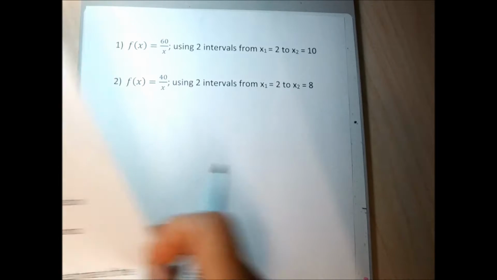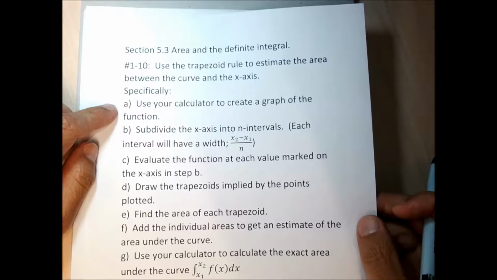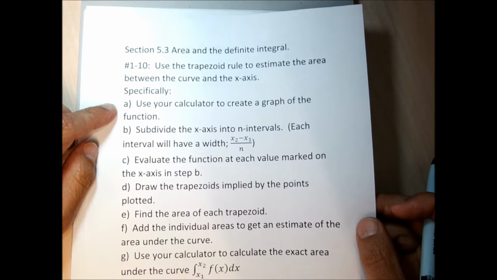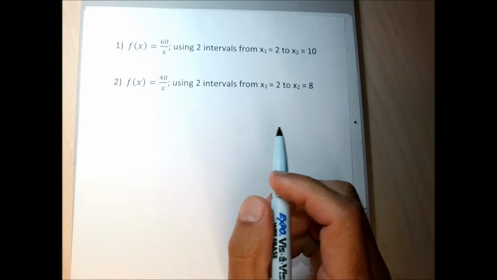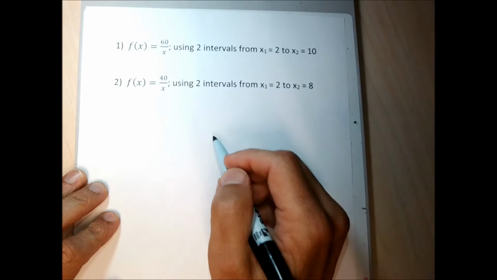Looking at my steps, step 1 is to use your calculator to create a graph of the function. So I need to create a graph of the function 40 over x.